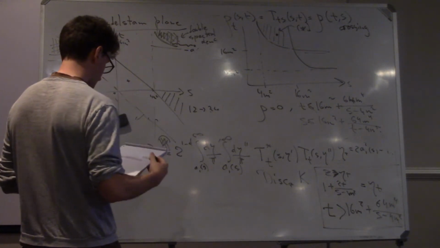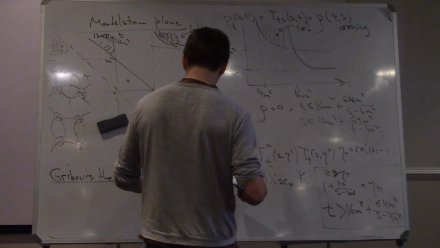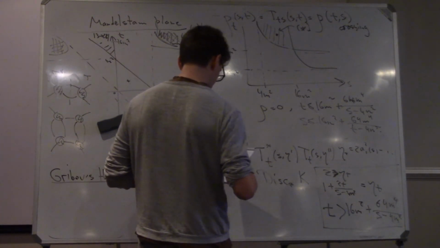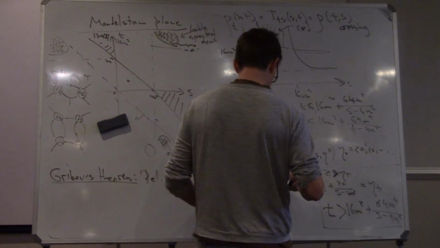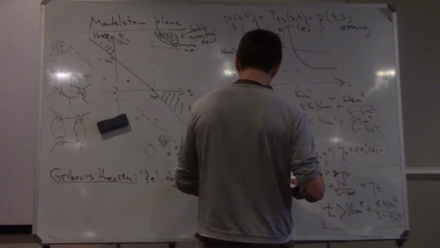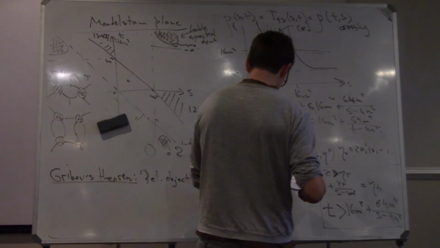If you wish, you can formulate it like this: a relativistic object cannot have fixed size. What do I mean by that?